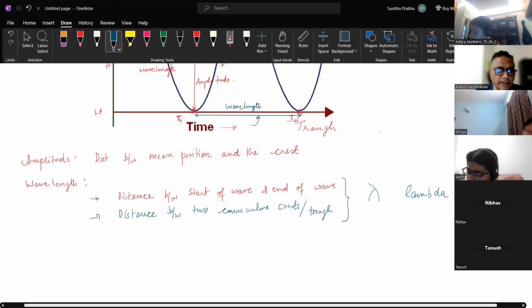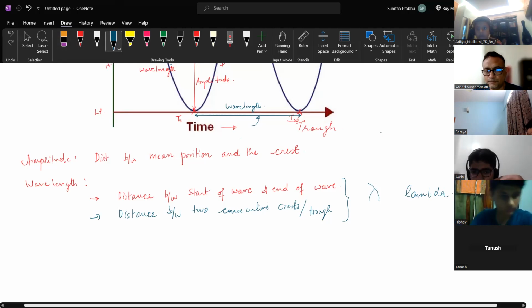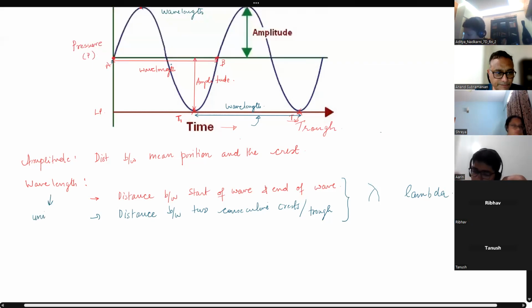What do you think will be the unit of wavelength, guys? Meters. Meter only, no? Meter, because this is a distance. So the unit of wavelength is going to be meter.